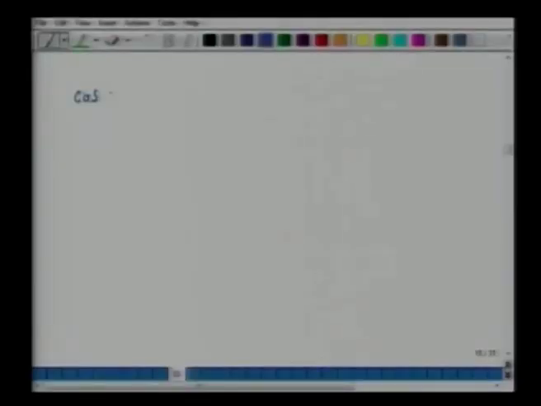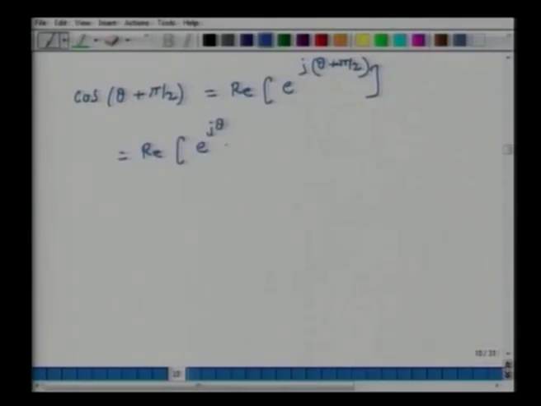So for instance, I know that cosine of theta plus pi over 2 is minus sine theta, but if I have to use complex variables, it is basically the real component of e^(j(theta plus pi over 2)), which equals the real component of e^(j theta) times e^(j pi over 2), which equals the real component of (cosine theta plus j sine theta) times e^(j pi over 2).